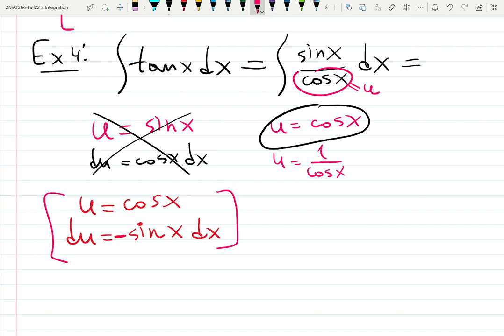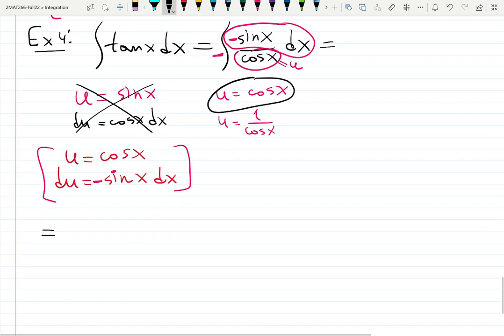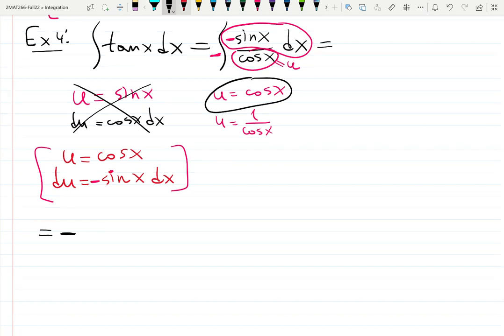I need minus sine x dx, but I have plus sine x dx. So I multiply by -1 and divide by -1. And the integral becomes minus, this minus pops out because I needed it to be there. I needed this minus. It was not there, so I did it myself.